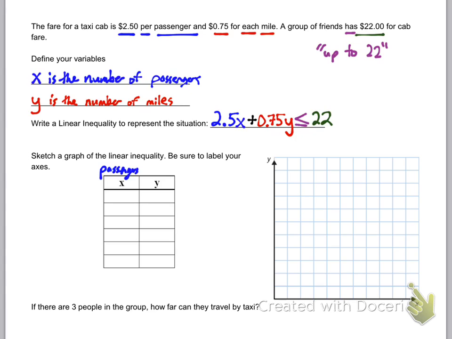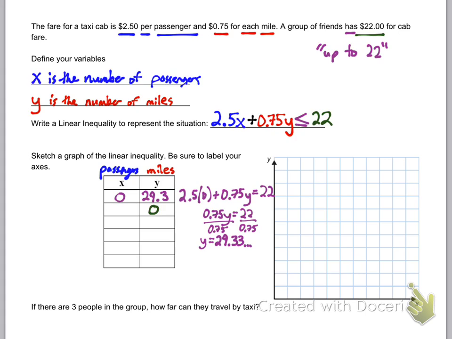All right, now that I've got that, let's label passengers and miles, and I'm going to show you the other method here. Plug in 0 for x and solve for y. Divide by 0.75, and you get y is 29.3. That's fine. The weird thing is, if you go back and think about this, you can't have 0 passengers and go 29 miles.